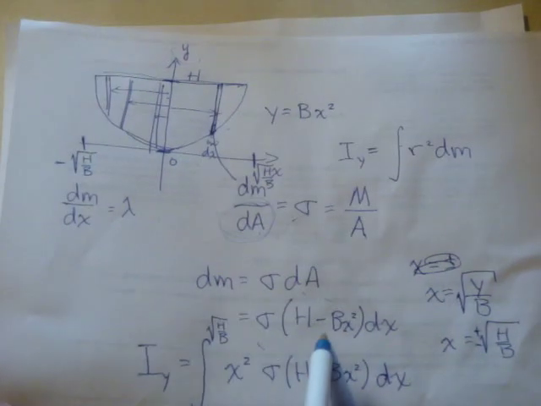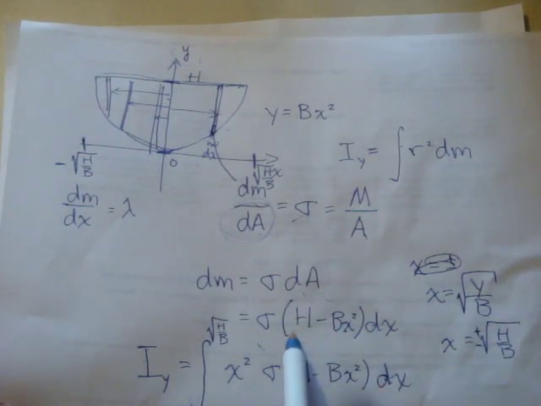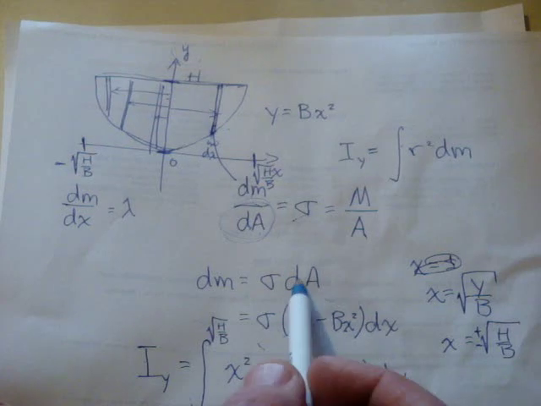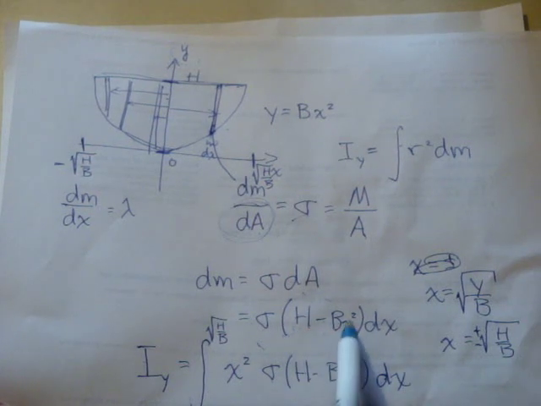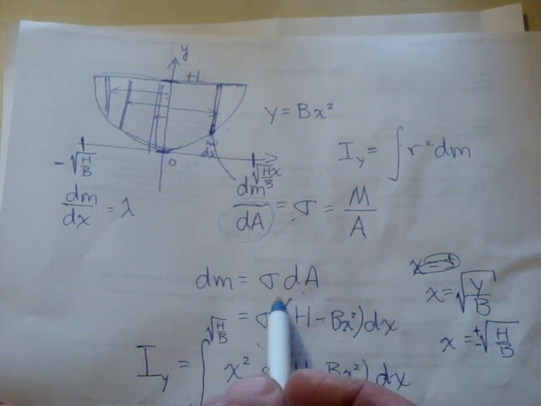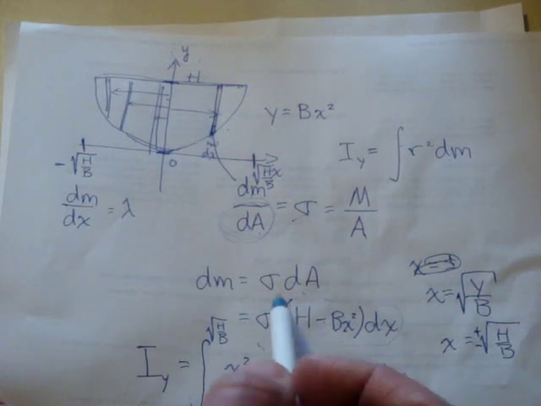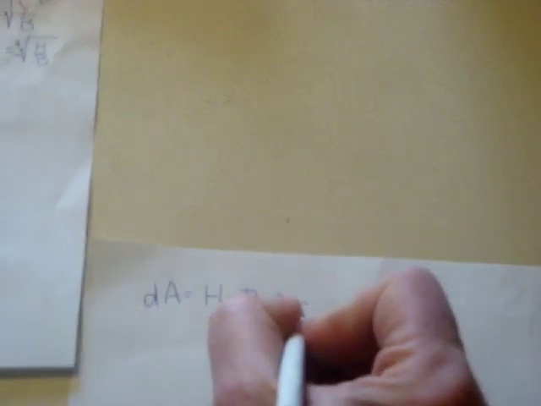So that's really all we're trying to do, just recreate what this dA is. And if you look right here in this step, what is dA? dA is equal to h minus bx squared times dx. That's exactly what dA was. So let's write that down real quick: dA is equal to h minus bx squared dx.